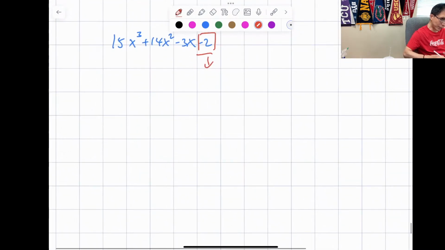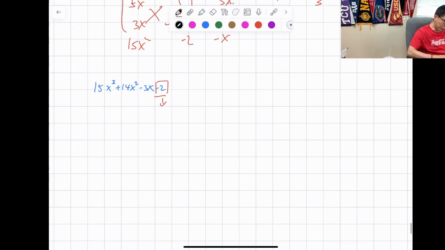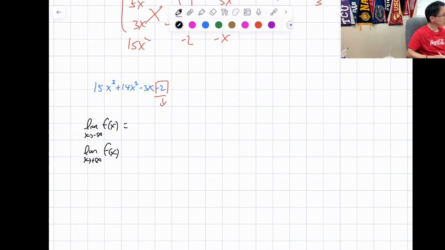So what I'm going to do is, I know the factor is going to be this. Can you tell me what's the leading coefficient? The limit as x approaches negative infinity of f of x and the limit as x approaches positive infinity of f of x is going to be what? On the left side, it's going to be negative infinity.